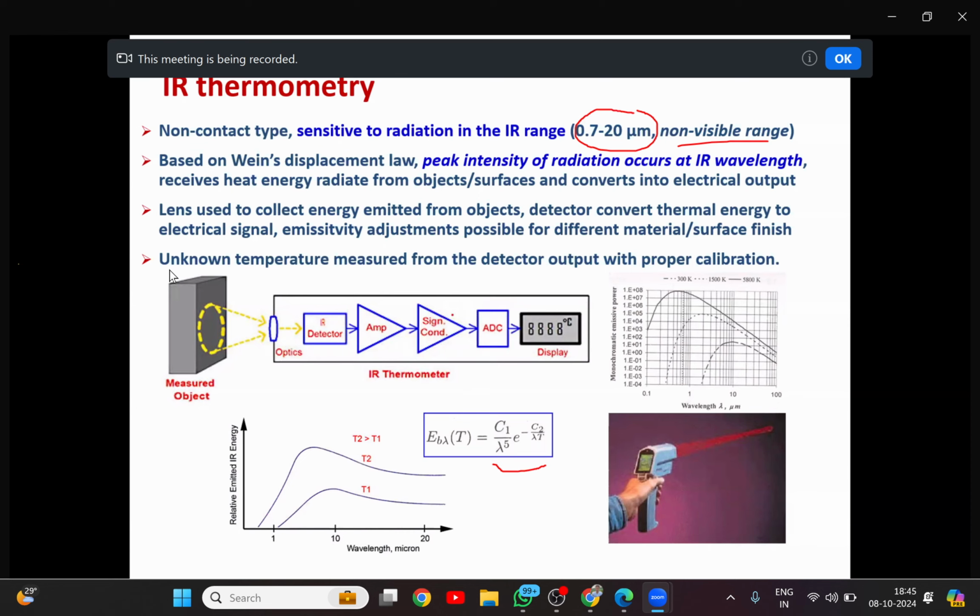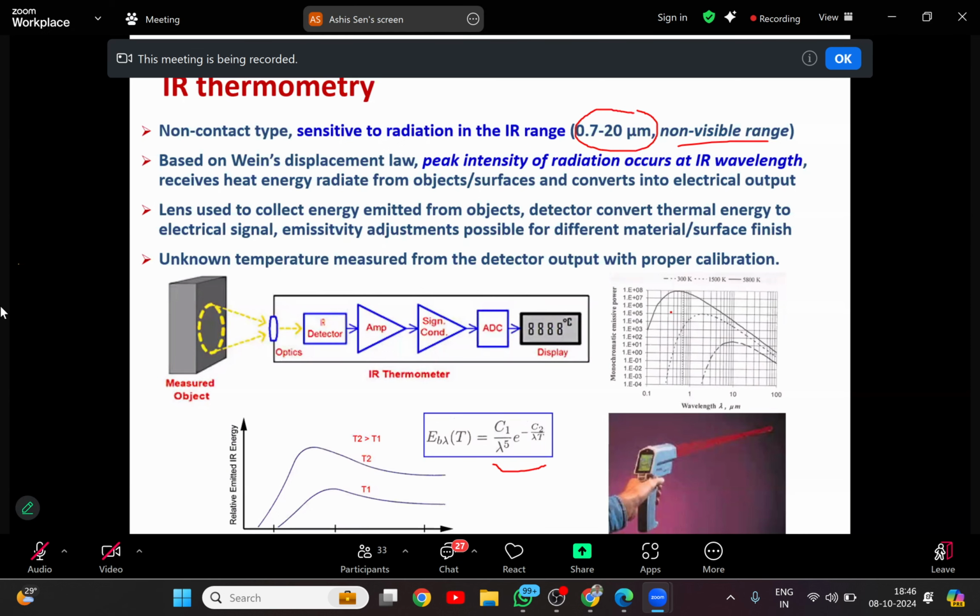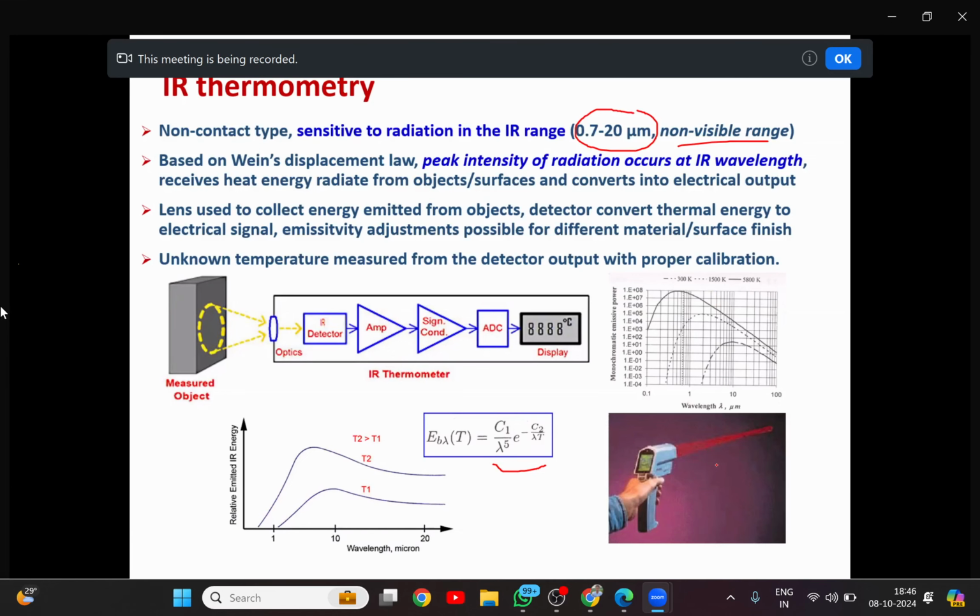Typically, if you talk about higher temperature measurements, the typical temperature range that you deal with is a few hundred to 1000 Kelvin. That is where IR thermometry is used. In that temperature range, the maximum intensity is observed somewhere in the wavelength range of something like this.